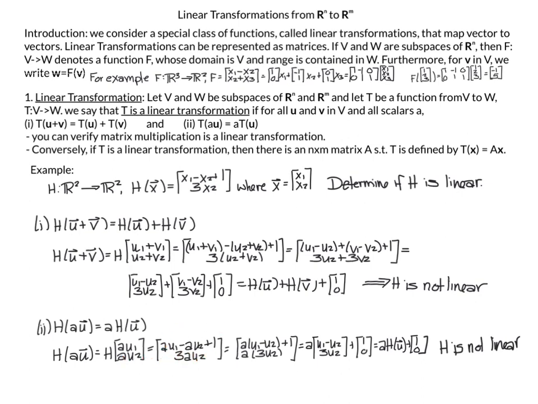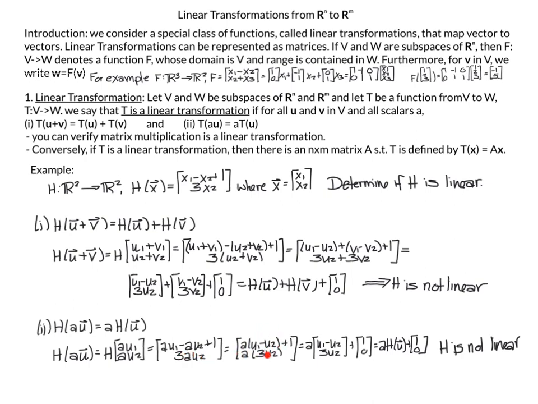Now, if this were a linear transformation, I could manipulate this algebraically until I get this to look like a times h of u. And I can do that. I can start by factoring out my a here. So I have a times u1 minus u2, and then I still have my plus 1. And at the bottom, I can factor out my a, and then I have my 3u2.